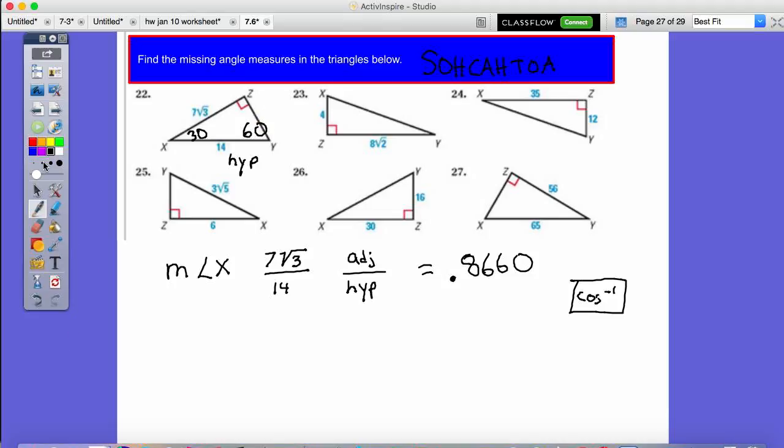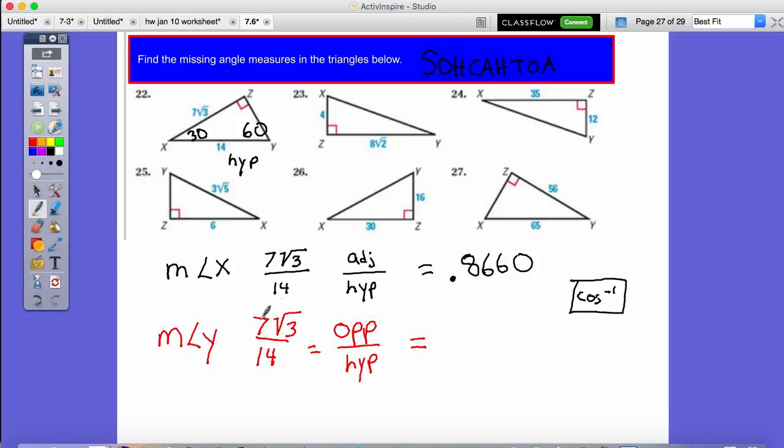But let's say I want to check it. So I'm going to check it in red here. The measure of angle Y. Again, the only 2 side lengths I have are a hypotenuse and the leg that's 7 radical 3. 14 is the hypotenuse. But now 7 radical 3 is actually the leg opposite angle Y. And when I have opposite divided by hypotenuse, I'm using the sine ratio.